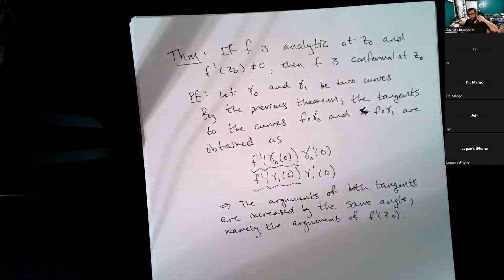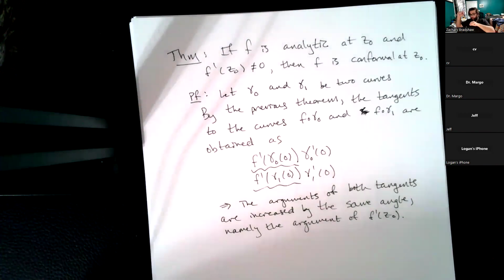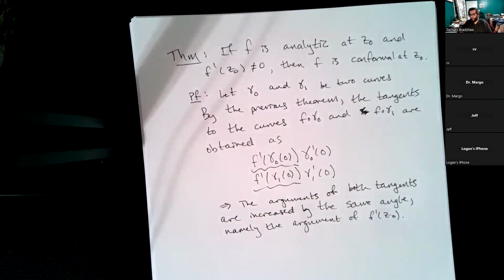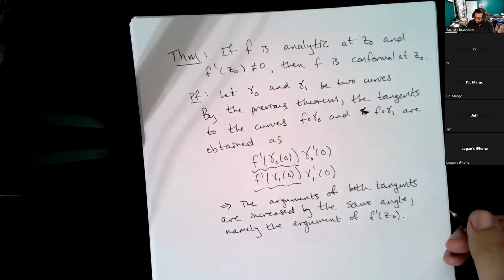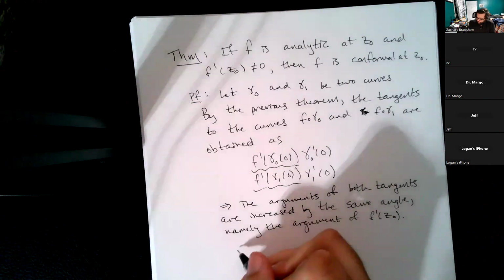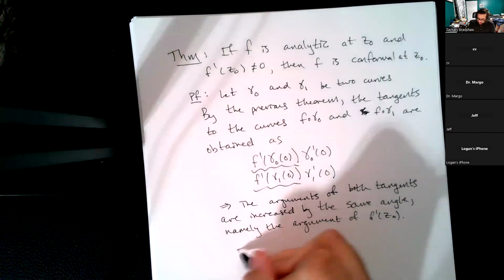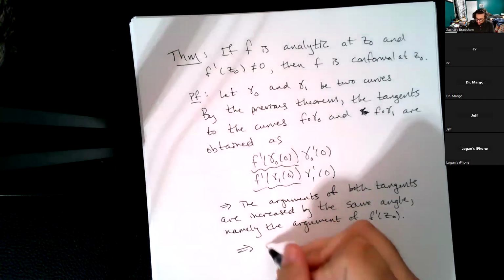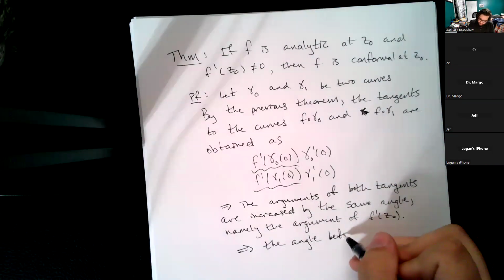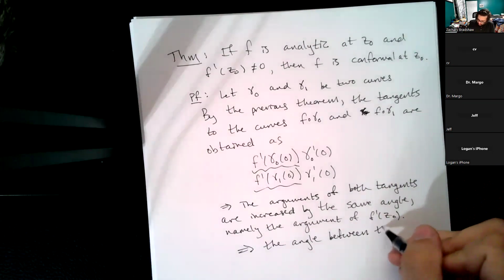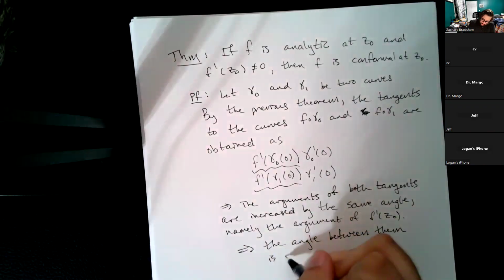So remember that the argument was the phase portion in the polar decomposition of a complex number. As a consequence of this, we get what we wanted. This implies that the angle between them is preserved.